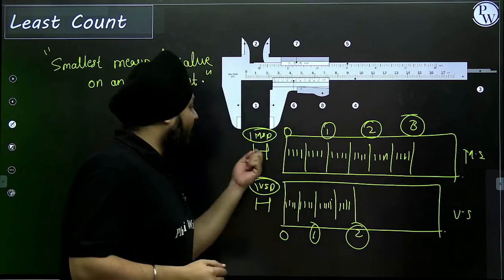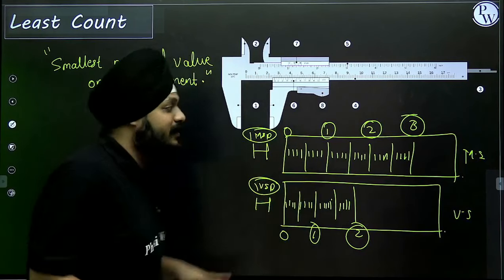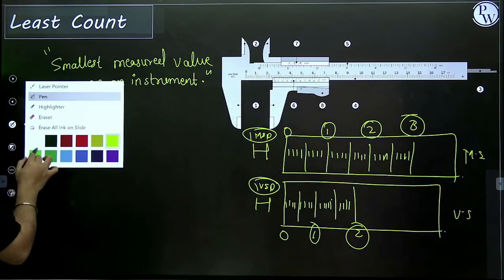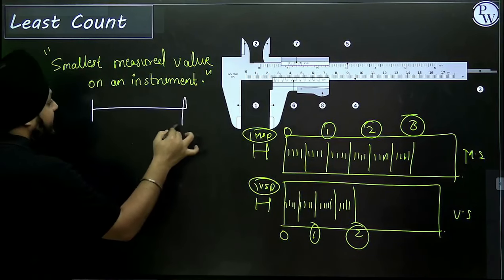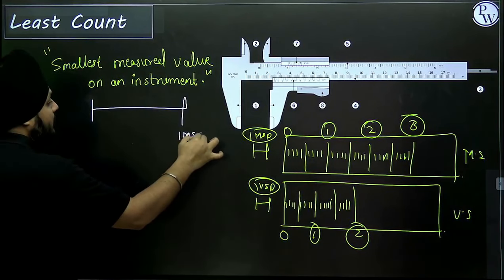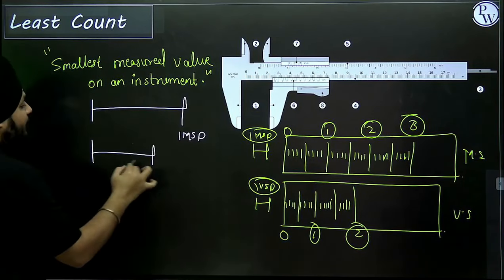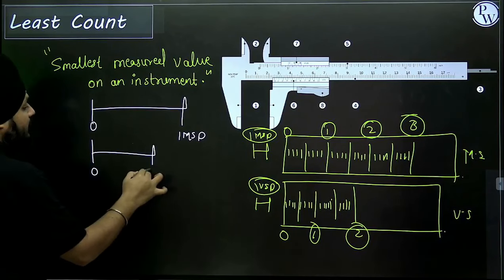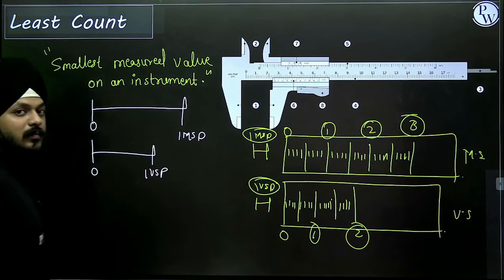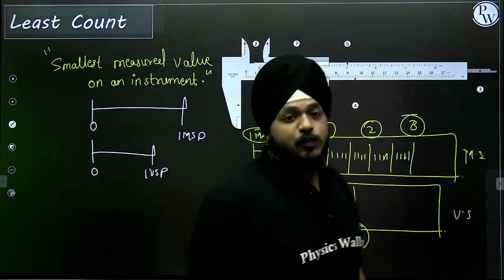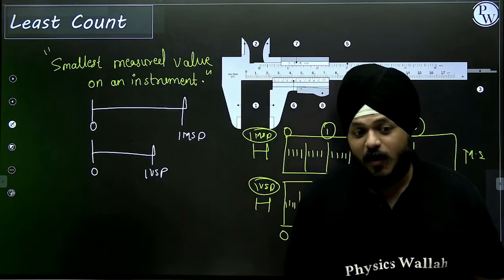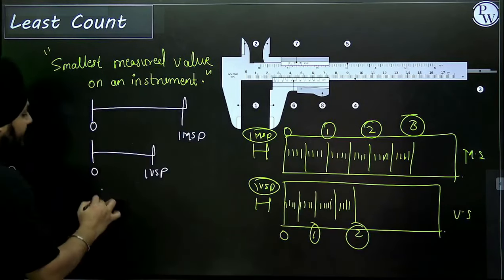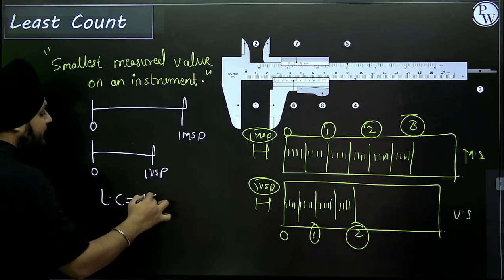If I am aware of the actual value of 1 MSD, suppose let us take an example. This is 1 MSD, this is 1 VSD. Is 1 MSD the smallest value? No. Is 1 VSD the smallest value? No. The difference between 1 MSD and 1 VSD is the smallest value.